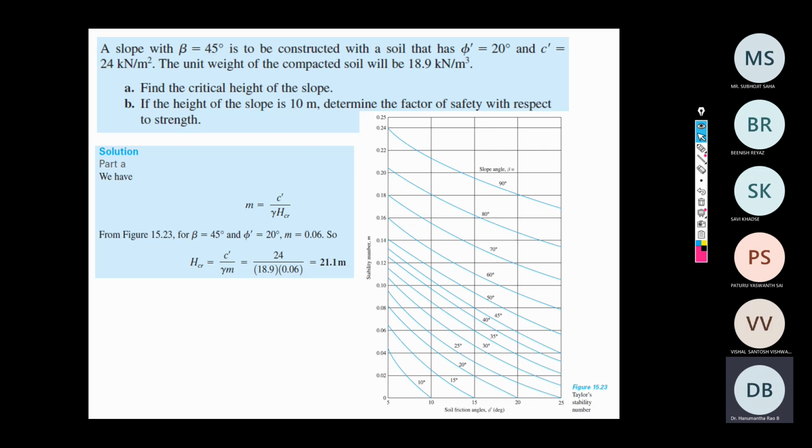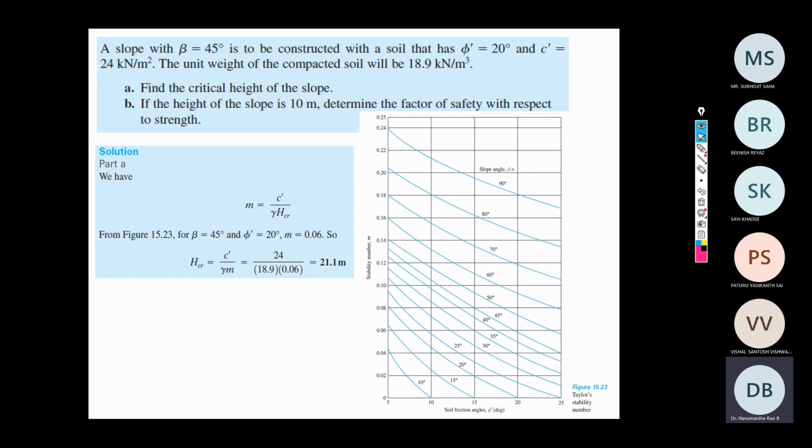So here also you are going to use the stability chart, but that is different. Here we use another chart, that is the stability number versus the soil friction angle phi dash, for different values of beta.